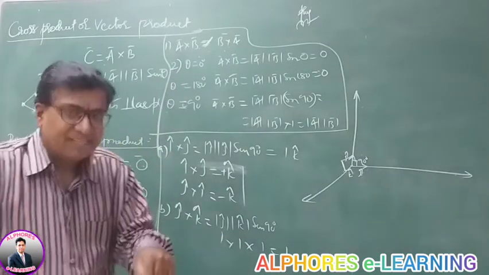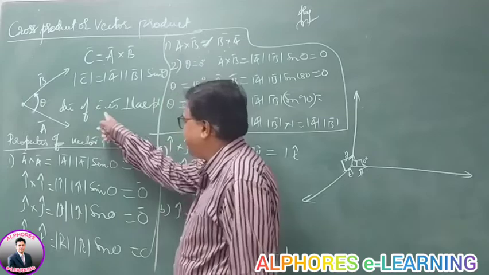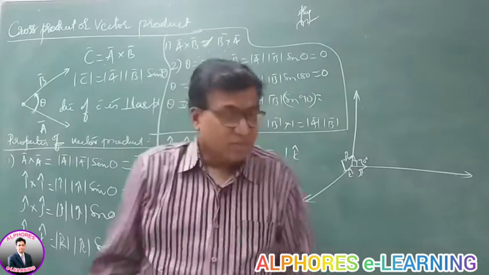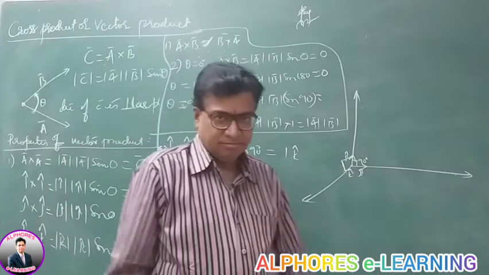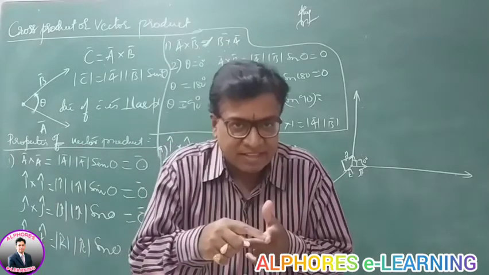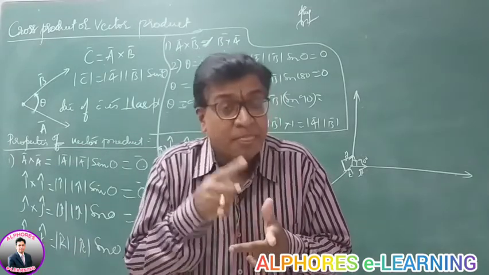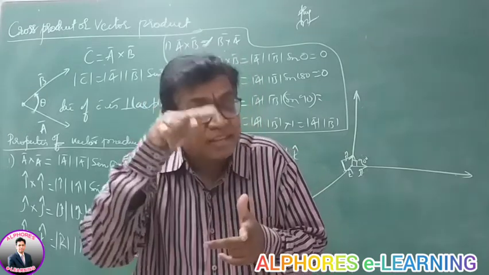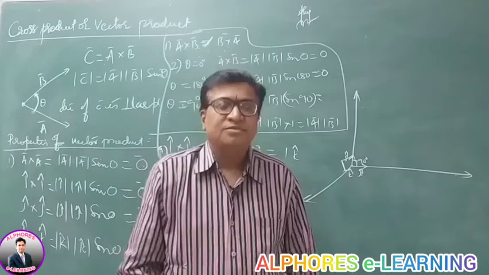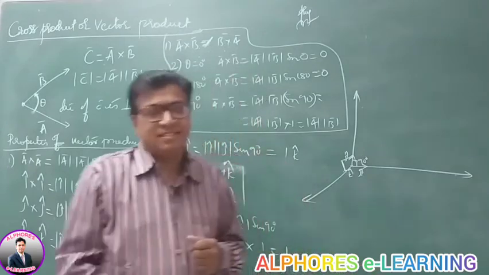Now what is the direction? The direction is perpendicular to the plane of both vectors. So the direction of J cross K is perpendicular to both J and K. J is the unit vector along the y axis, K is the unit vector along the z axis. Perpendicular to both y and z is x.